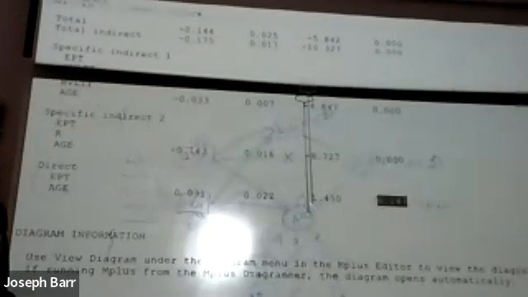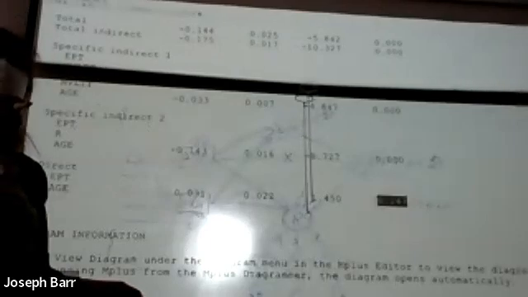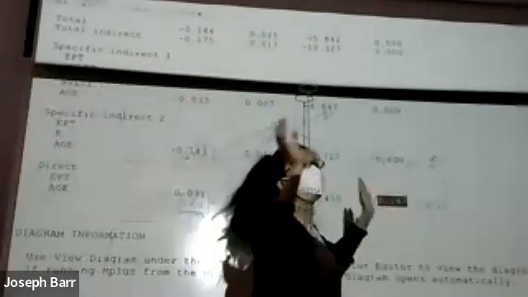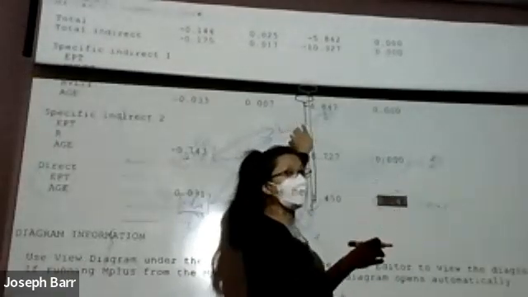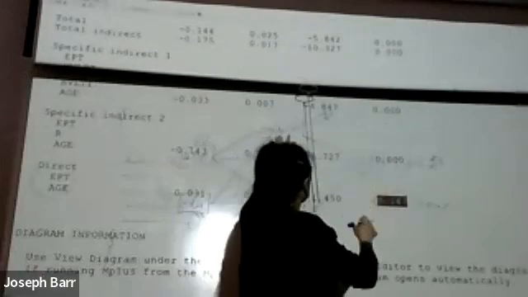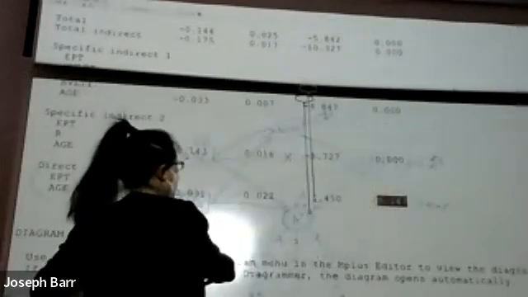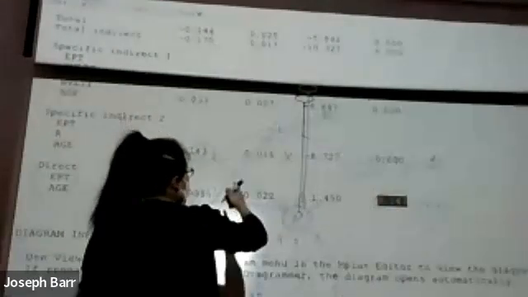Complete, because when you add the mediator, the significance is gone. So because of this mediator, we have a not significant result. So this is complete mediation.